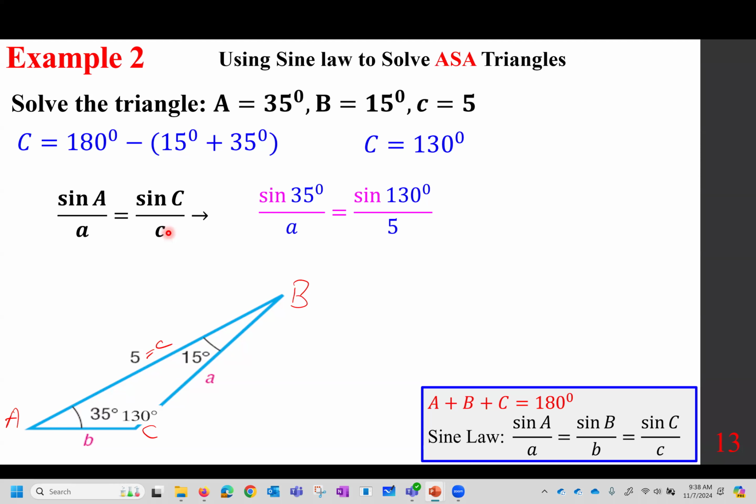Cross product. So the cross product means A is 5 times sine 35 over sine 130.